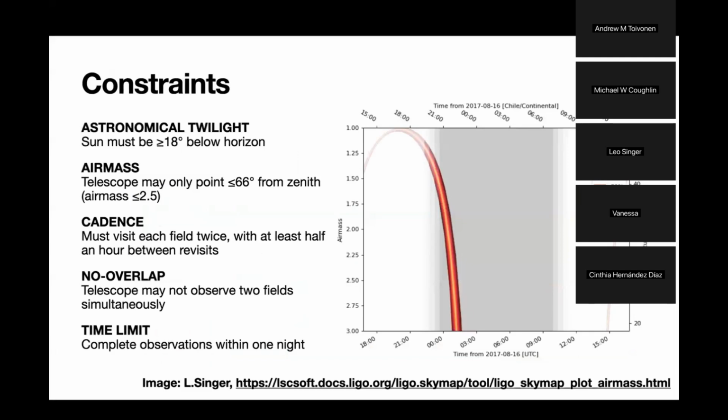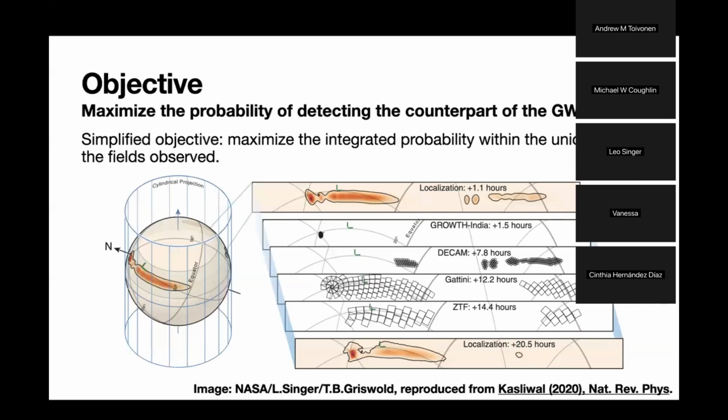Go ahead, Ethan. The last slide. Can you explain the difference between these two objectives, a simplified version? Well, if we want to maximize the probability of detecting the counterpart, we also have to decide how long each exposure has to be to reach the right SNR.